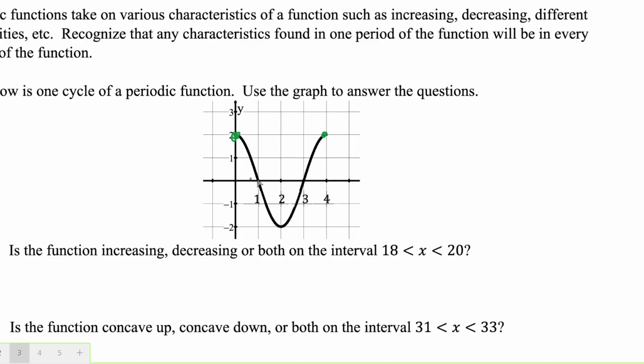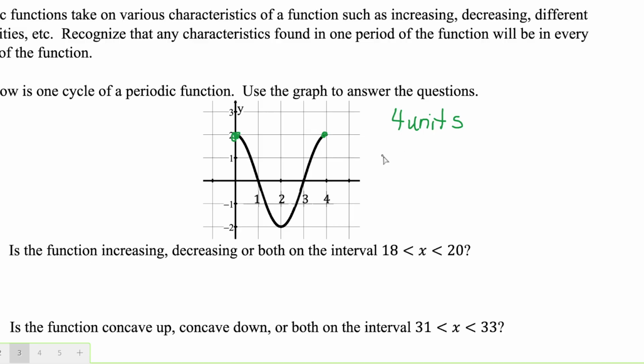So we have 1, 2, 3, 4. So we know that we got 4 units to complete, and I'm going to put that right here. Now, what will it take for me to get as close as possible to 18? How many times will I have that?